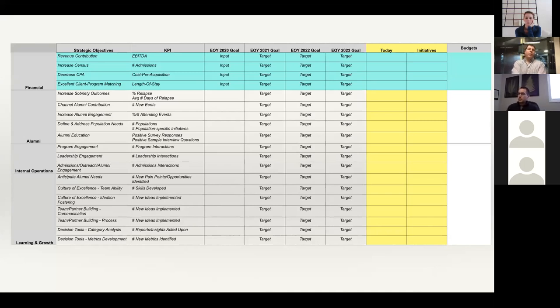When we look at the goals, I would say nearly 100% of the time, because they haven't been doing this in the past, we go like, let's get a baseline. I don't even know. We just don't know. And so you get a baseline, and then you can start to set your 2021, 2022, 2023 goals and figure out what your targets are.